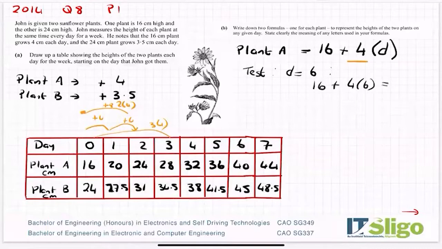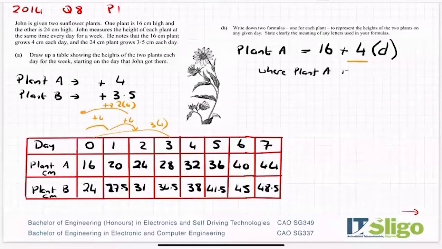So to test it, let's just pick d equal to the sixth day. I just randomly picked 6. 4 6s are 24, 34, 40. And I do indeed get 40. So you can leave the test there if you wish, or you can rub it out, it doesn't matter. You can just do that test on your calculator if you want, where plant A is height and D is equal to number of days growing.